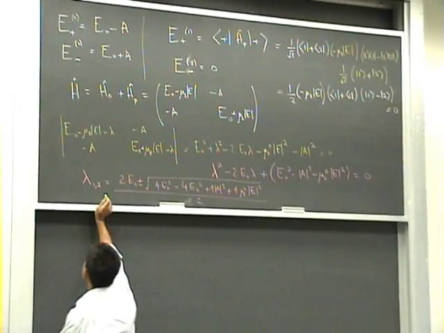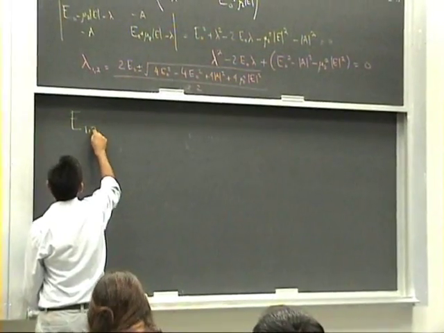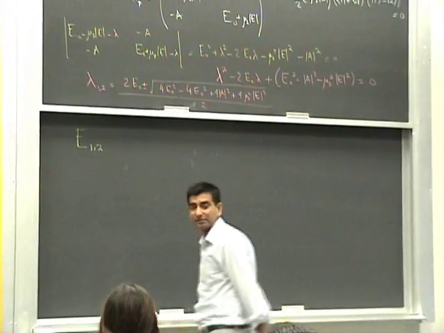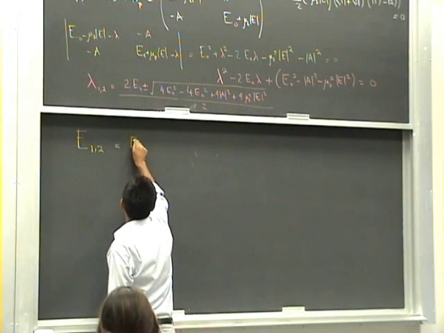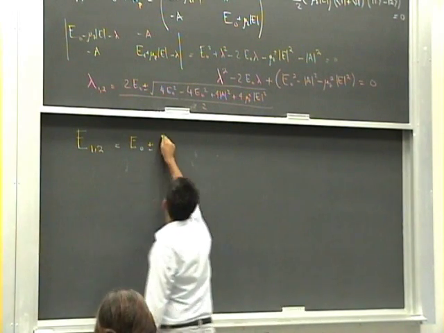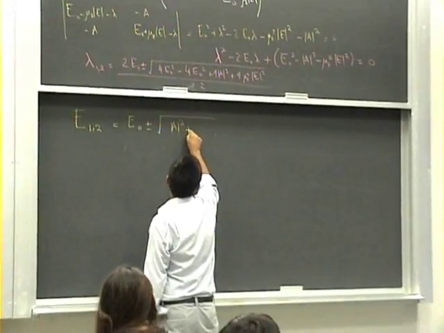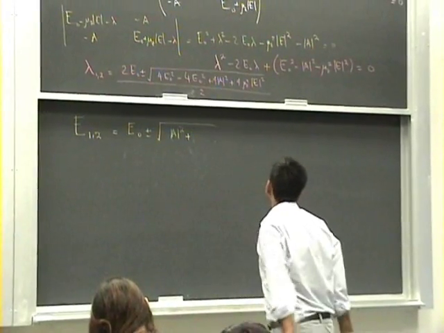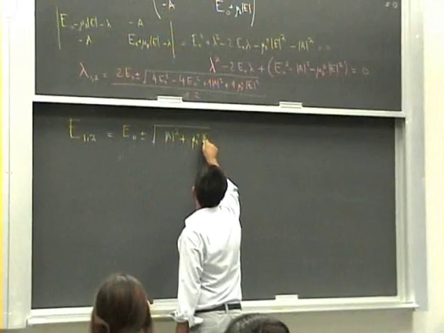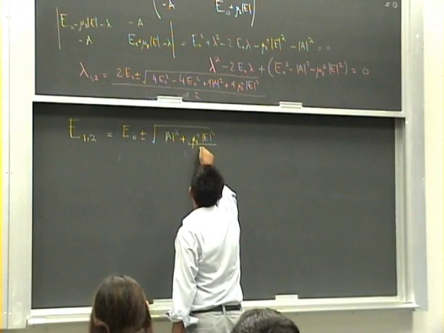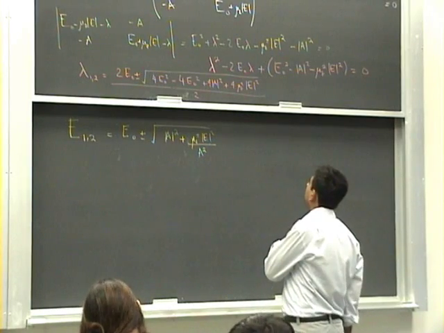So my energy eigenvalues, the exact values in the presence of any electric field whatsoever, because I'm not concerned about the strength of the electric field so far, are E naught plus minus the square root of modulus A squared plus mu z squared modulus E squared. Oh, sorry, modulus A squared.